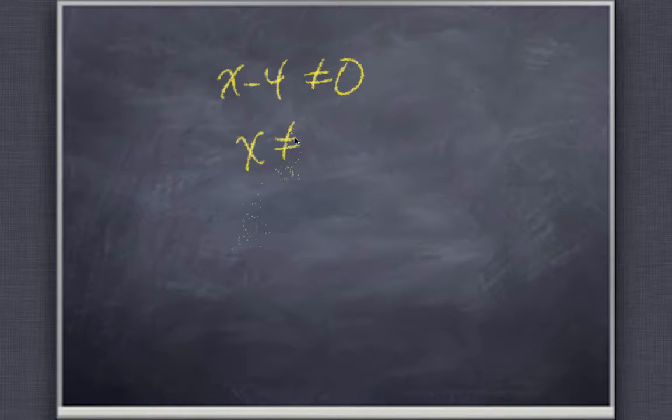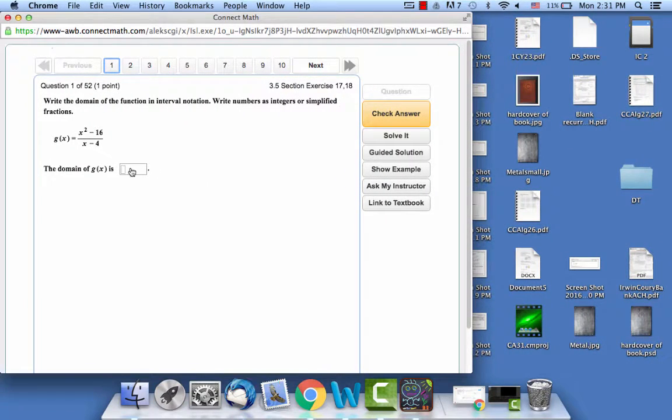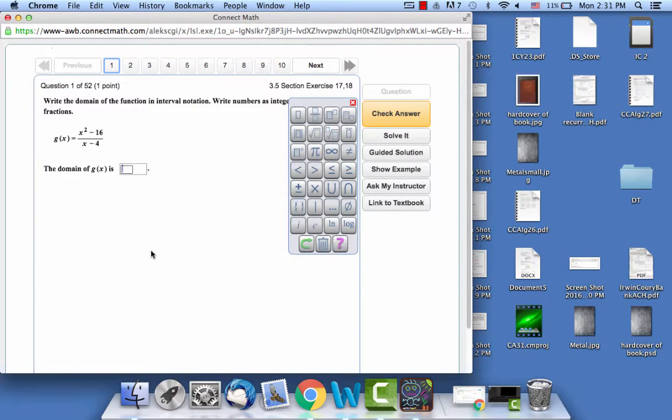So x cannot equal 4. Which means I need to start at negative infinity and go up to 4. Open parentheses because I don't want to include 4. And then also go from 4 to positive infinity.